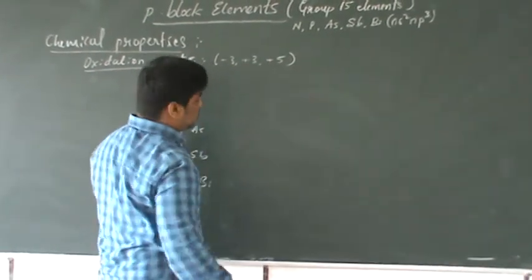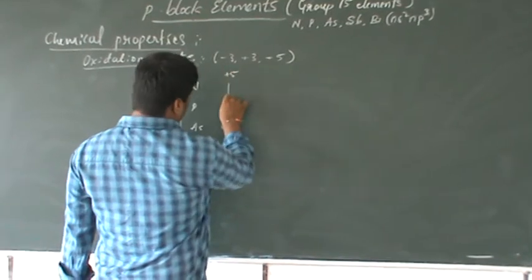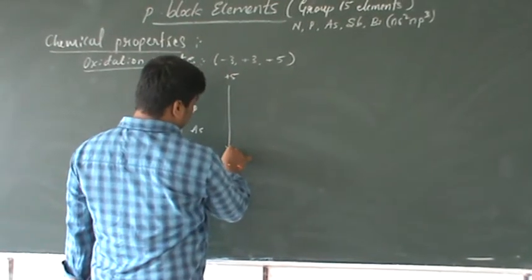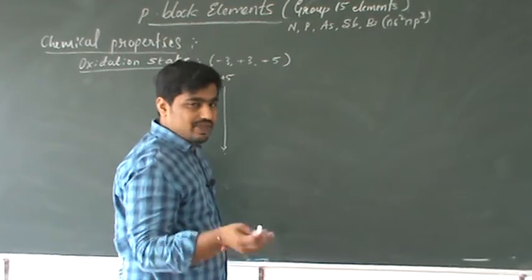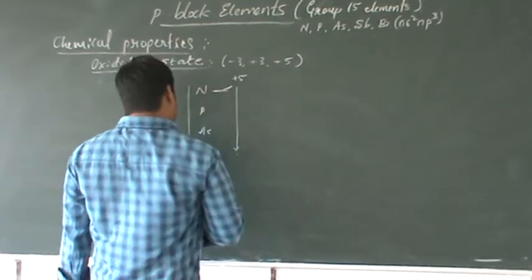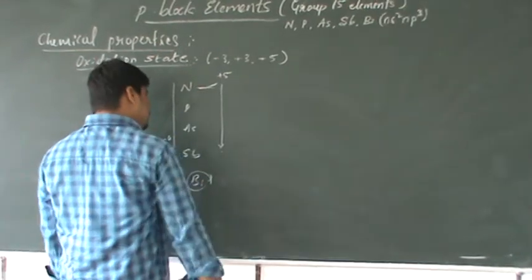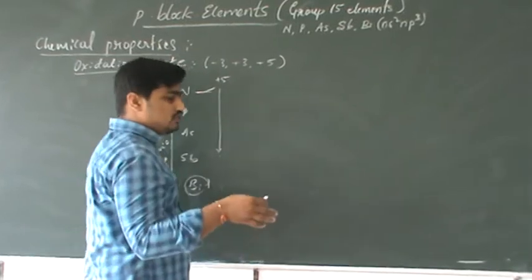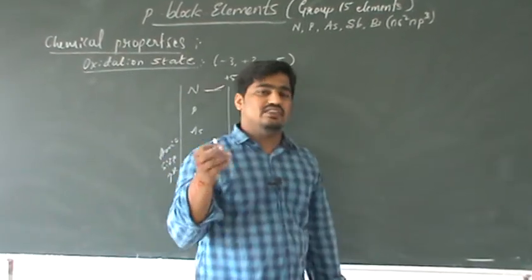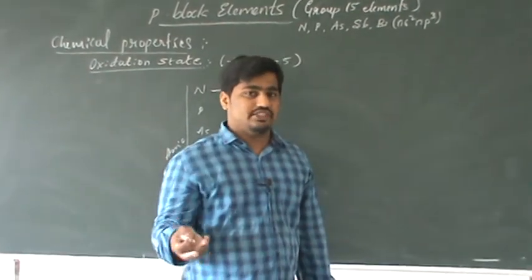Next is +5. The +5 state increases down the group. Nitrogen does not show it because the valency is maximum 4. And bismuth in a few cases shows +5 as we move down the group. The reason is the increase in size.